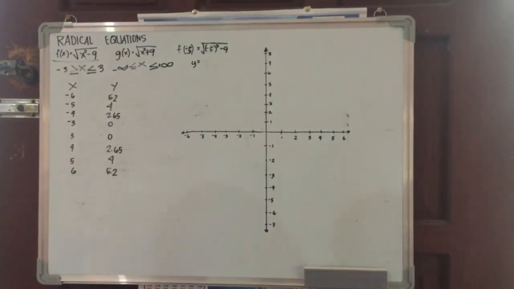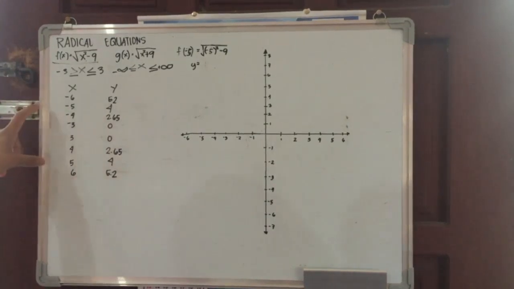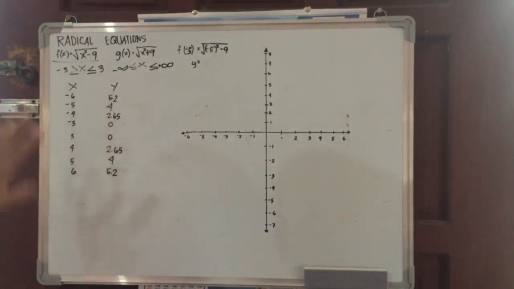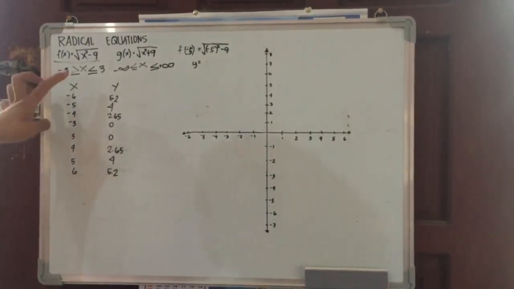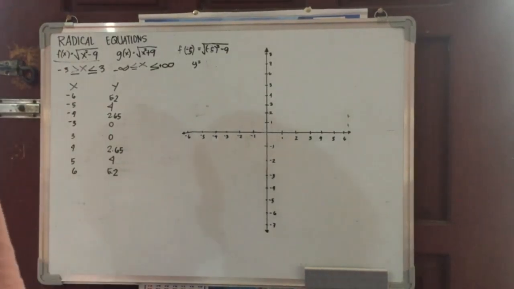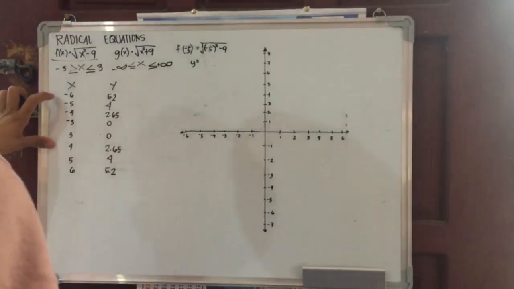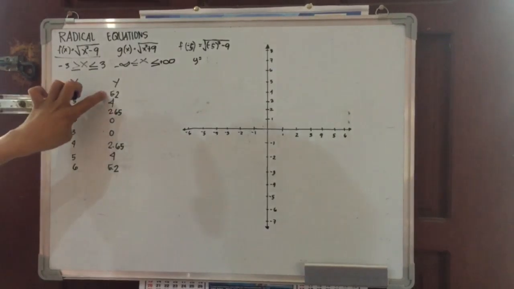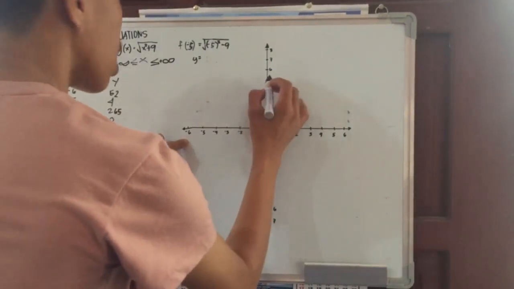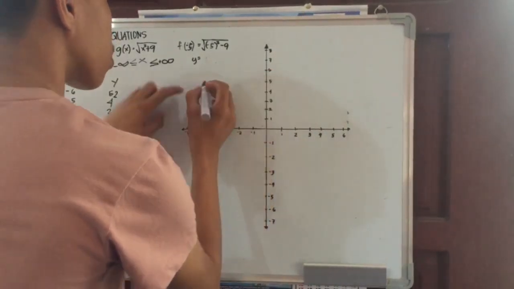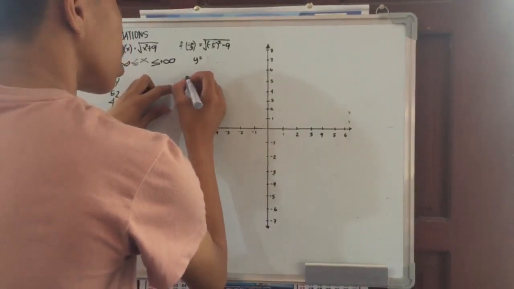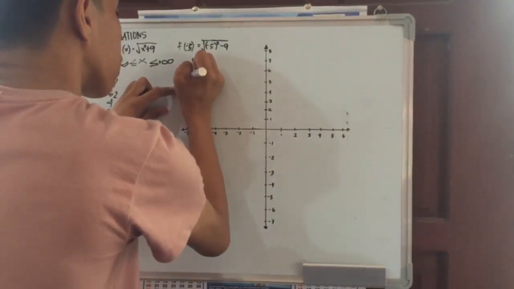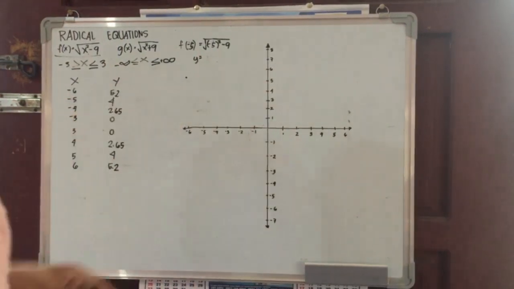So let's plot the ordered pairs for our first function, f of x equals the square root of x squared minus 9. The first one is negative 6 and positive 5.2. Approximately it is in here, second quadrant.